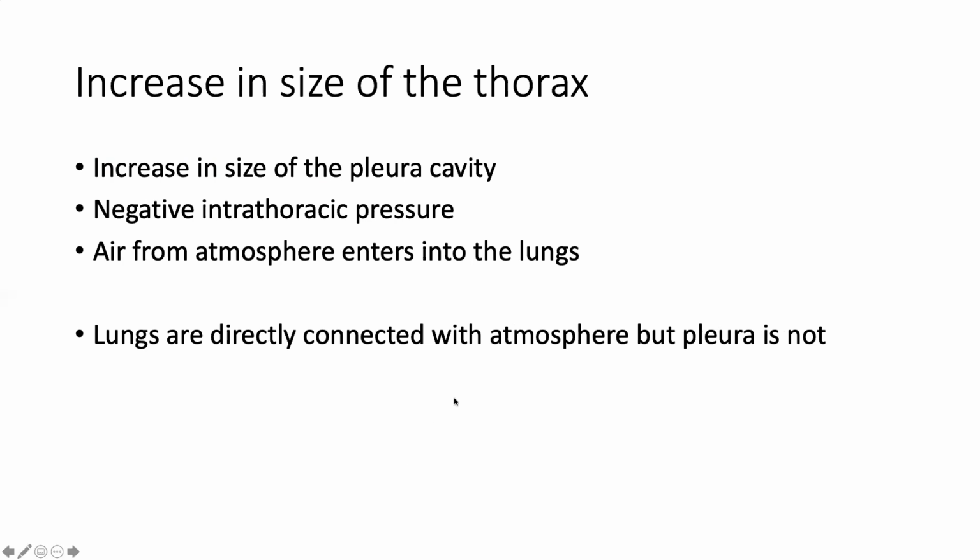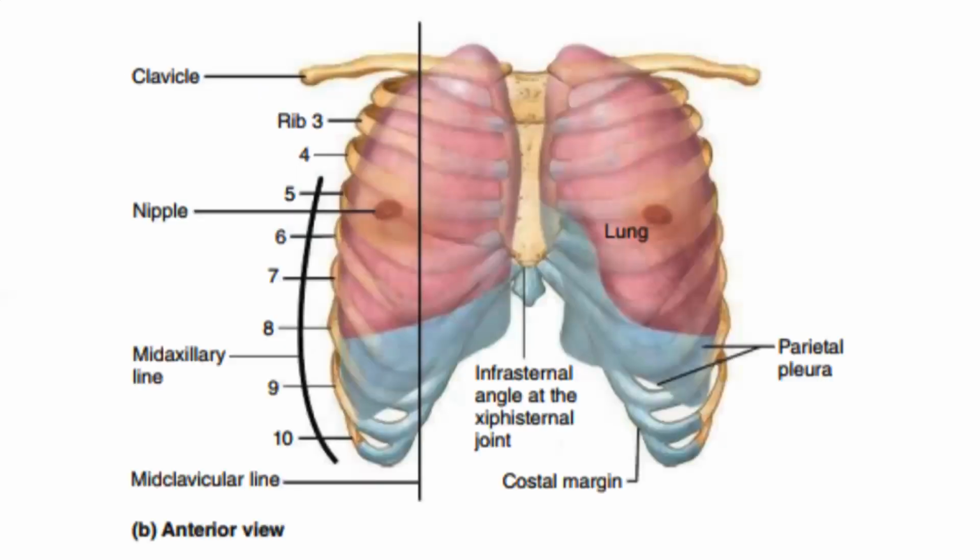And here I want to remind you, the lungs are directly connected with the atmospheric air, but the pleura is not. The pleura is just the covering outside the lungs. So the air we breathe in stops at the alveoli level in the lung substance, and it will not go into the pleura in a normal situation.